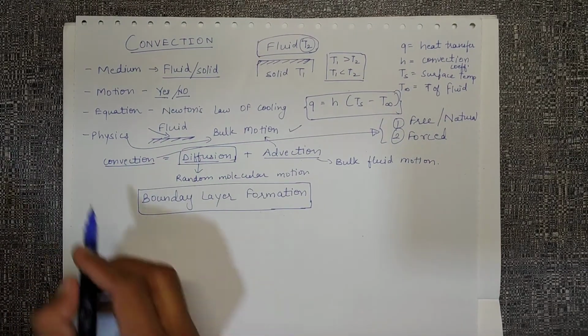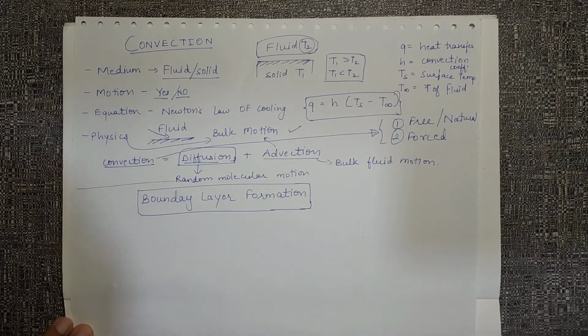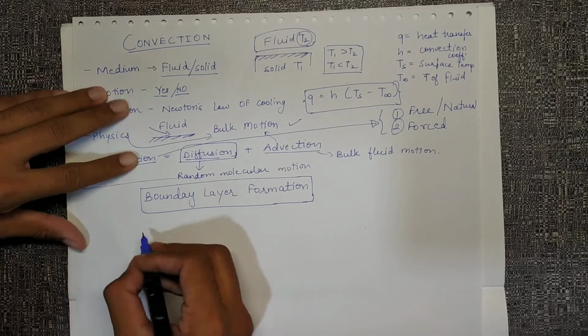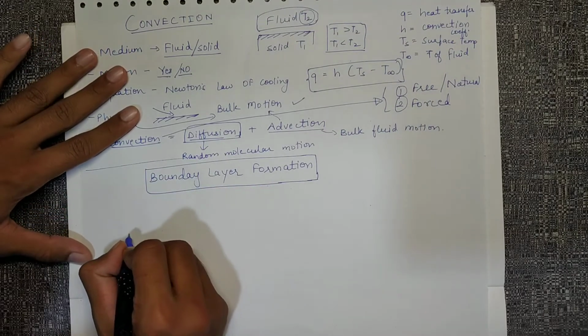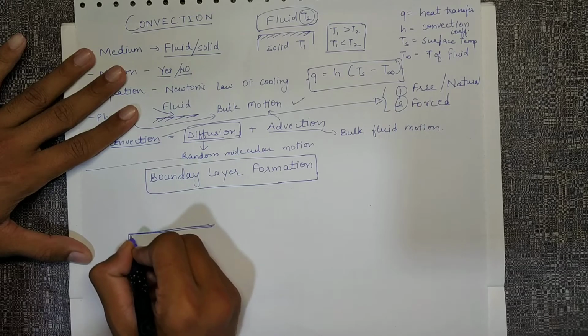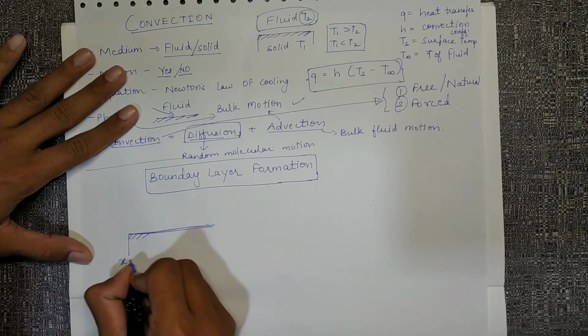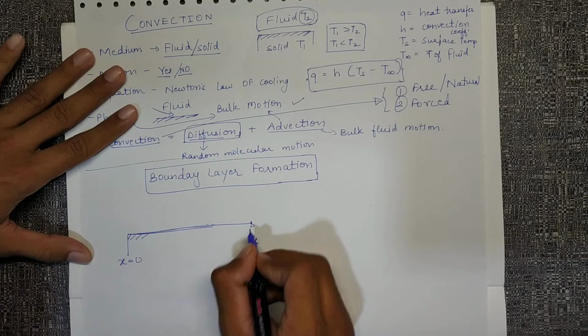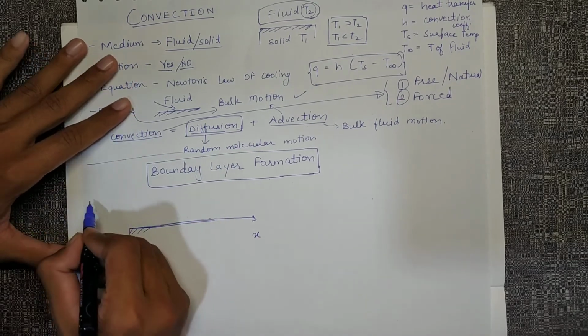But let's right now understand the boundary layer formation. So what is a boundary layer and how does it form? So if we have a surface, a solid body surface, which is starting from here, this is x equal to 0 point, and let's have some x point over here, and a fluid is coming.